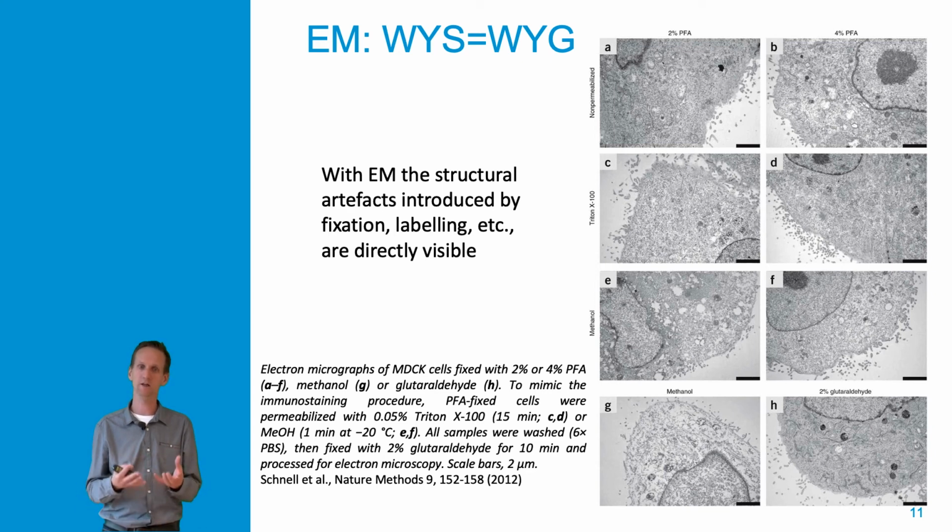So we see, if we compare these images, that artifacts may occur, holes, and ultrastructure may be less preserved from one image to the other. In general, electron microscopy sample preparation protocols are very well validated and optimized to preserve the native state of the biological specimen as well as possible.